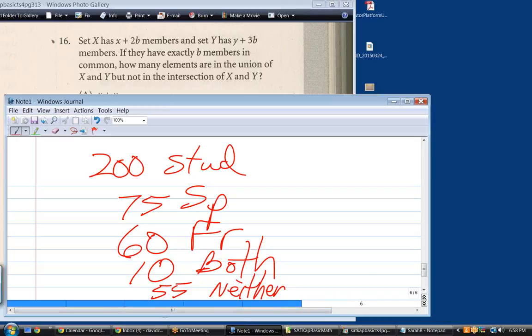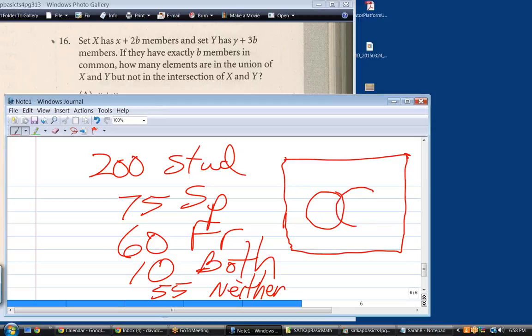If I were to draw a Venn diagram of this situation, I would start with a rectangle with the two circles inside, overlapping. This is the Spanish, this is the French, there's the 10 of both, and 55 is everything outside the two circles. Okay.